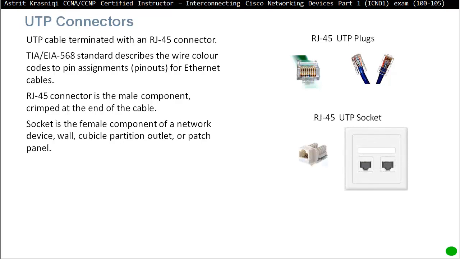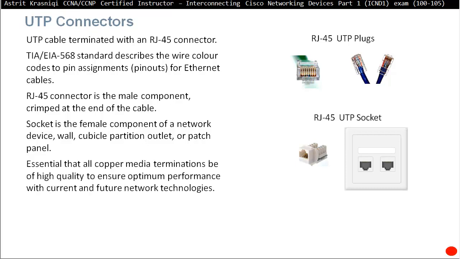The socket is the female component of a network device, wall, cubicle partition outlet, or patch panel. It is essential that all copper media terminations be of high quality to ensure optimum performance with current and future network technologies. So for example, when you terminate, you have to make sure that this shielding is inside the connector as well.